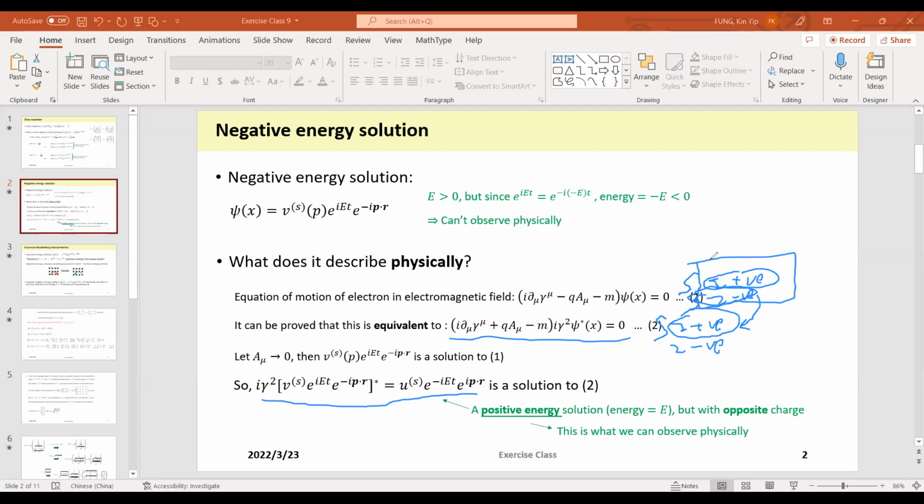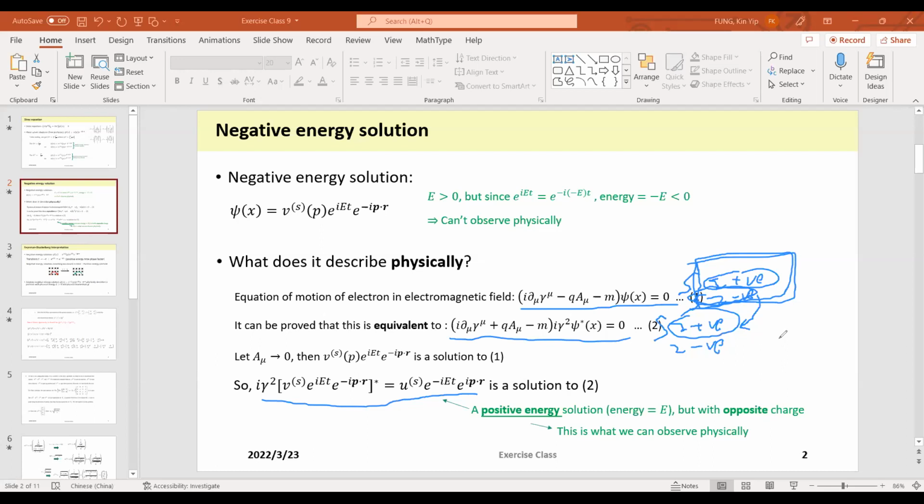Because it's mathematically easier to handle these four solutions. These four solutions for the same equation. Right. Here, if you see the equation, the four solutions in a box, there is a negative energy solution with the same charge as the positive energy solutions.